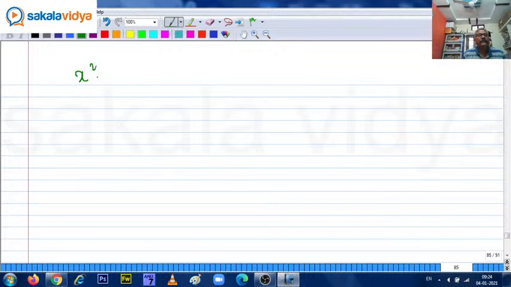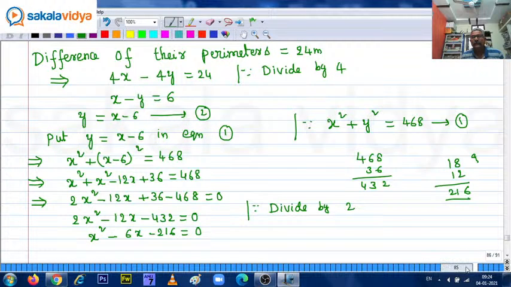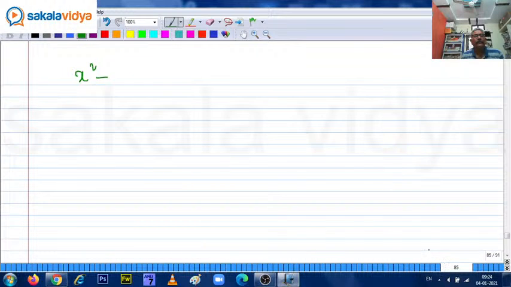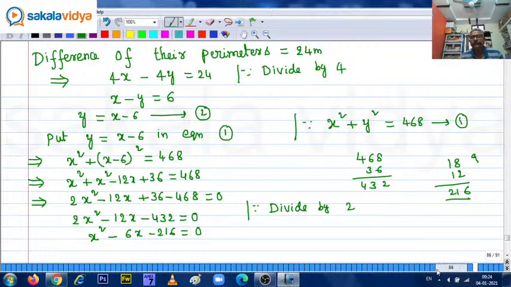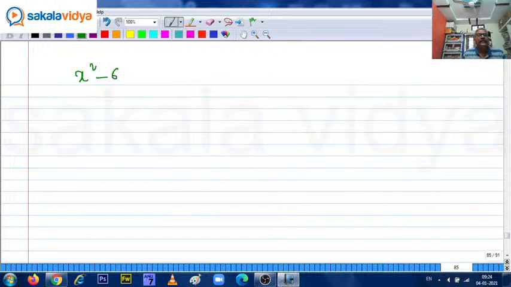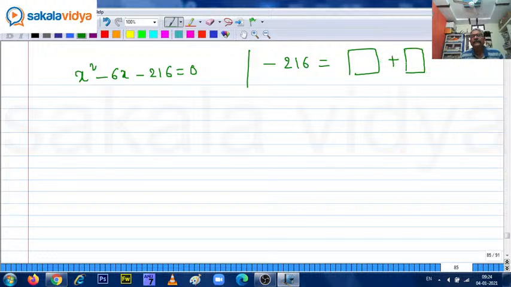So x square minus 6x minus 216 equals 0. Now the minus 216 we can write as a product of two numbers whose sum must be minus 6.